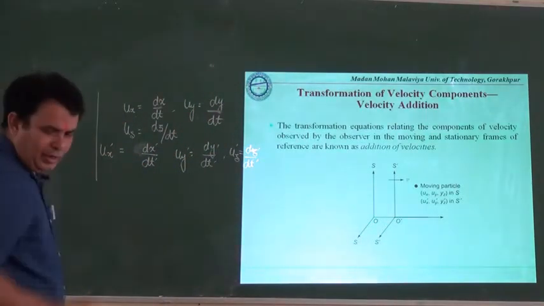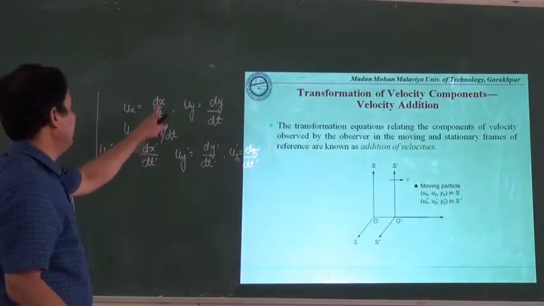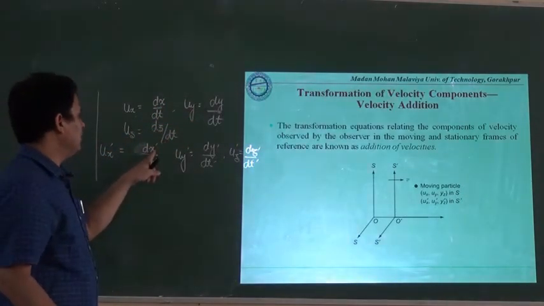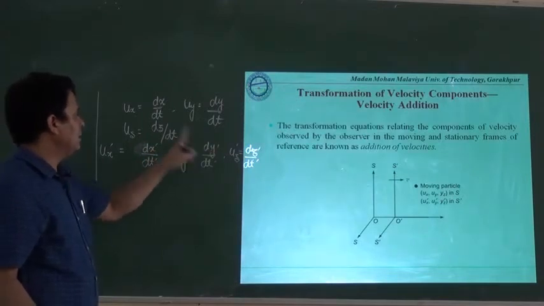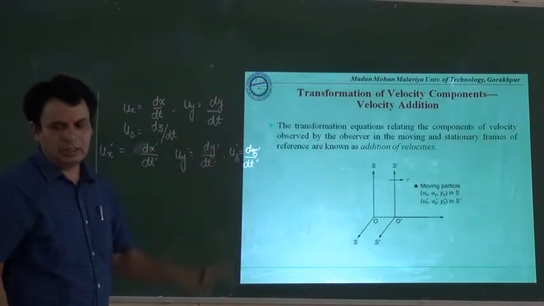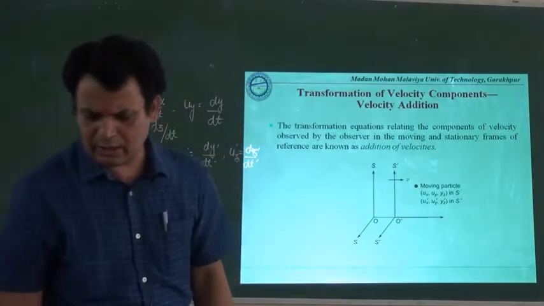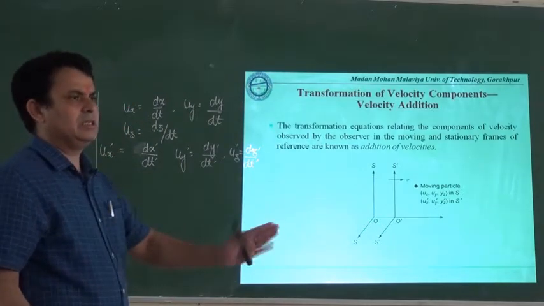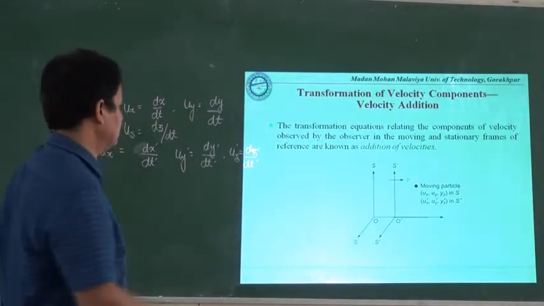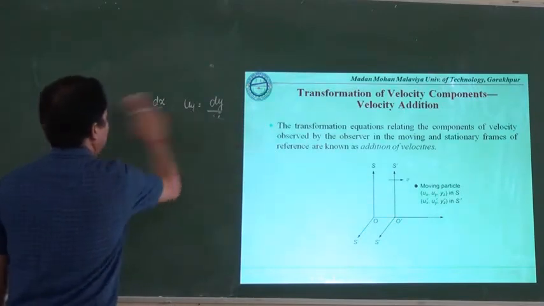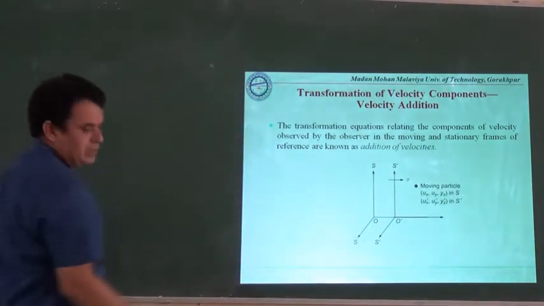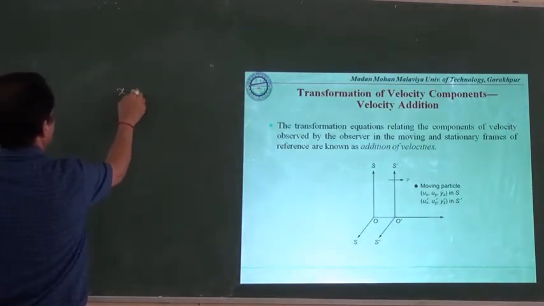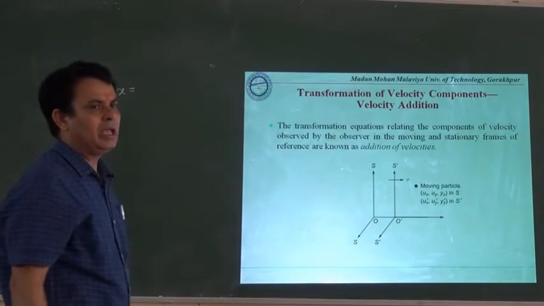Obviously here x is there, t is here, y is here, x dash is here, y dash is here, z is here, z dash is here. We must remember the relation between x and x dash, y and y dash, z and z dash, t and t dash. So we will start from those relations, and let us write the inverse Lorentz transformation equation for the x component.